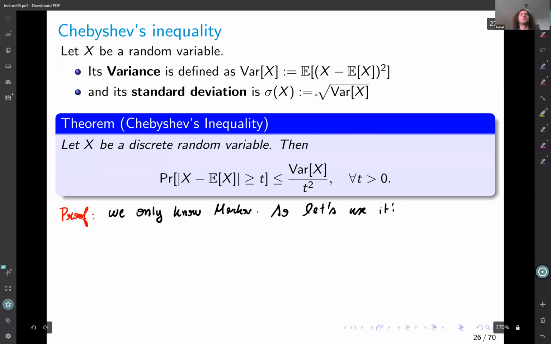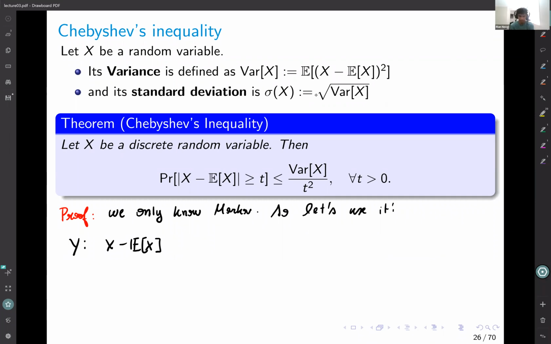So how do we use it? Which random variable should we use for Markov? X minus the expectation of X. Okay, so let's write my random variable here, X minus the expectation of X. Can I use Markov with this random variable?